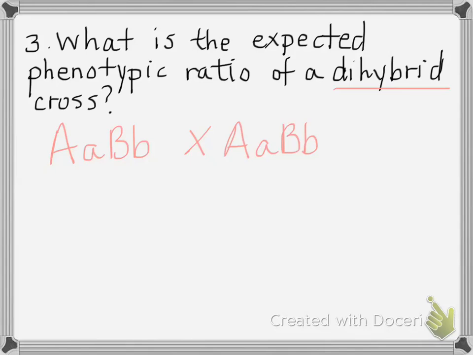How do you know it's 2 traits? Because I used 2 different letters. Why is this a hybrid? Because you're taking 2 different traits, or 2 different... Use your words. Starts with an H. Heterozygous. Both parents are heterozygous.